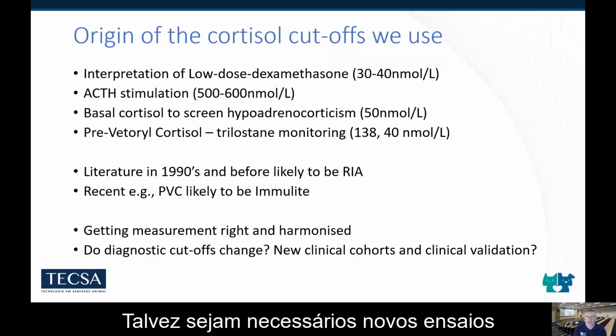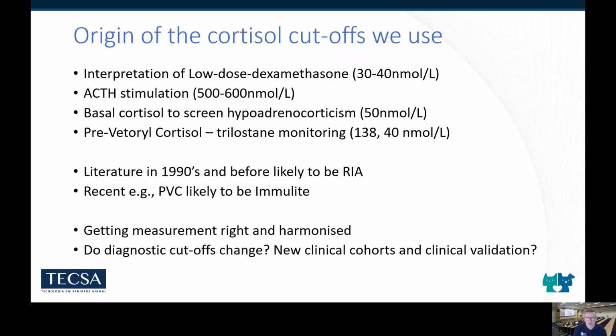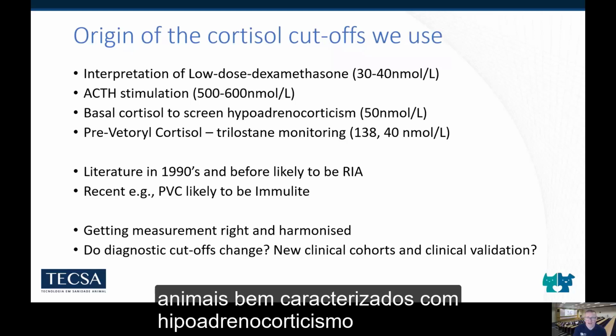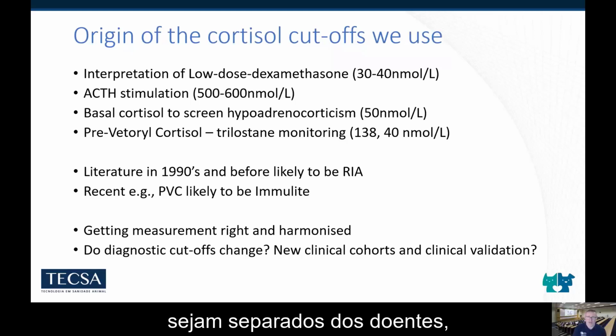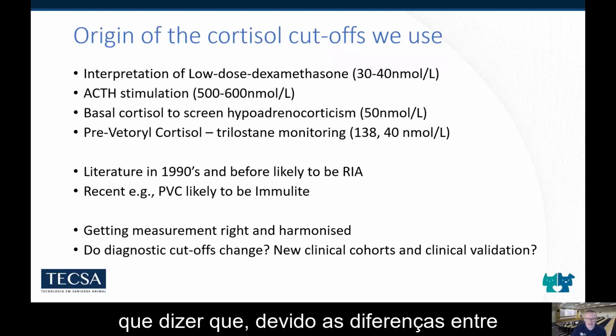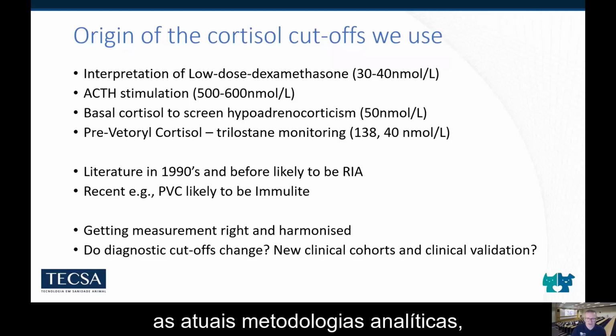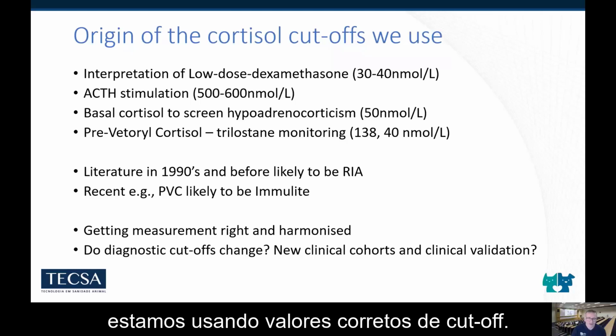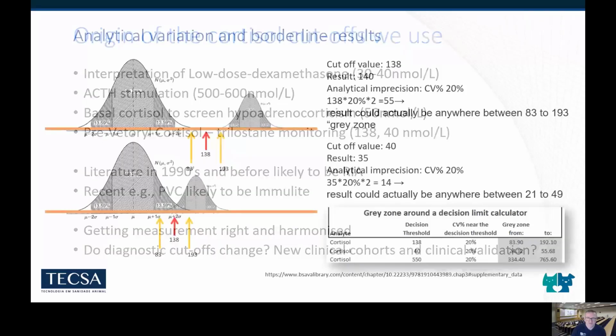So that might require new clinical studies where animals that are well characterized with their hyperadrenocorticism are separated from those that are unwell but don't have hyperadrenocorticism by new cutoff values. So this is a little bit disheartening, because it's saying that because of the difference in the analytical methodologies that are currently available, it's difficult to be confident that we are using the cutoff values correctly.